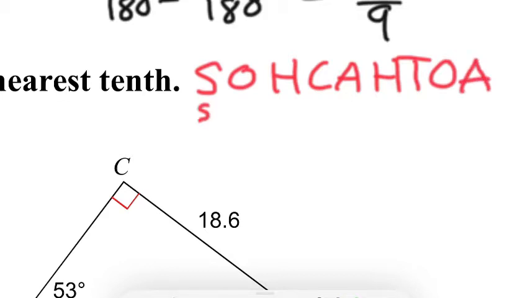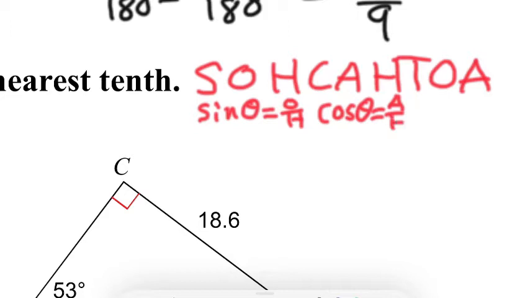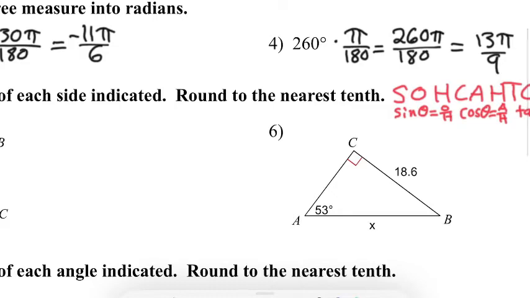So this is your sine of theta equals O over H. Your cosine of theta equals A over H. And your tangent of theta equals O over A. So your O, A, and H are your opposite, adjacent, and hypotenuse. So for each of these, you can identify which one you have.